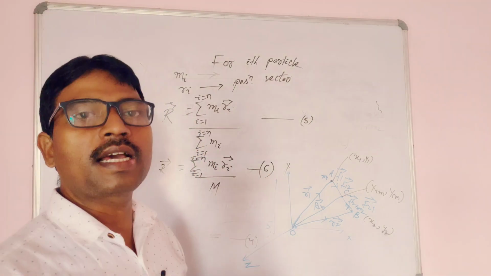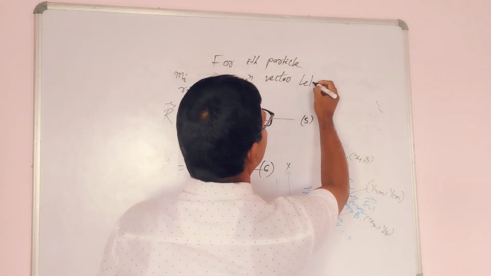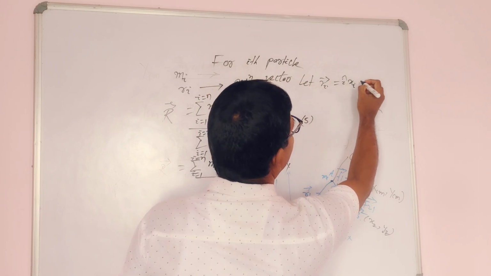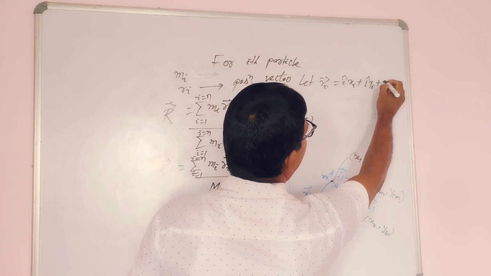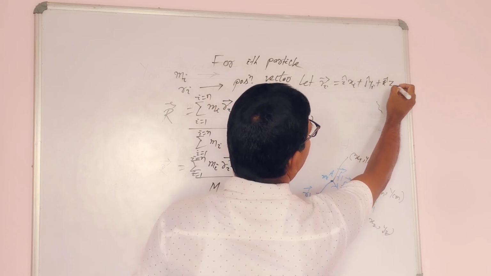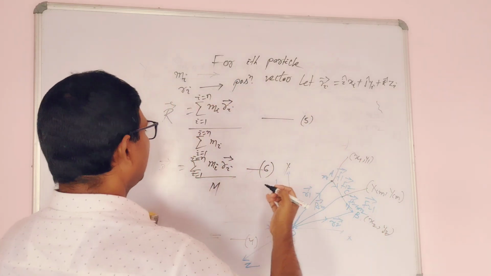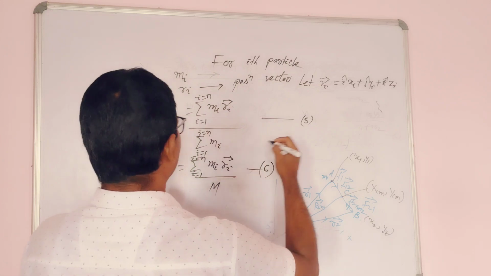In terms of rectangular coordinates, how can you write it? Similarly, ri is equal to i cap xi, j cap yi, k cap zi. That one is r.